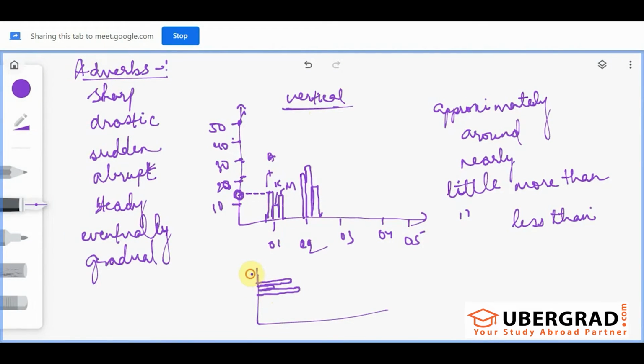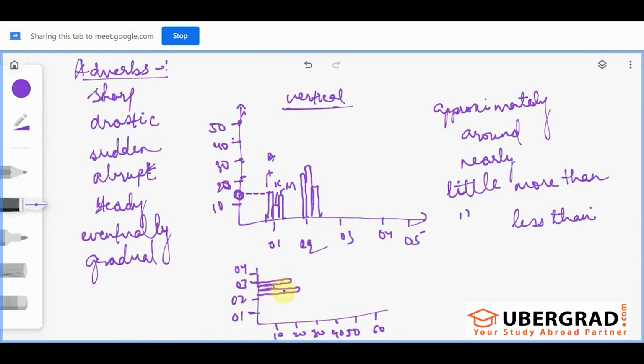Now your y-axis will show the time period and the x-axis will show the discrete values. Only this thing will change. So this will become 10, 20, 30, 40, and this will become 01, 02, 03. That's the only difference. Nothing else.